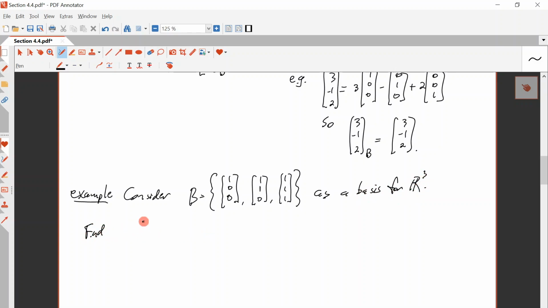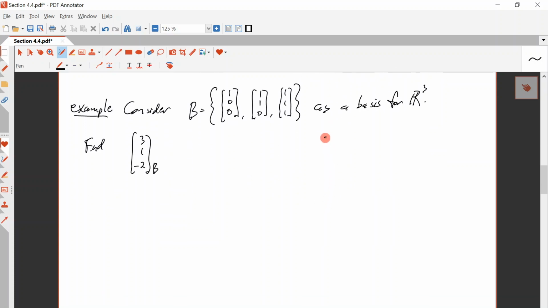Find the coordinates of 3, 1, minus 2 with respect to B. So we need to find the linear combination of these vectors that's equal to that.